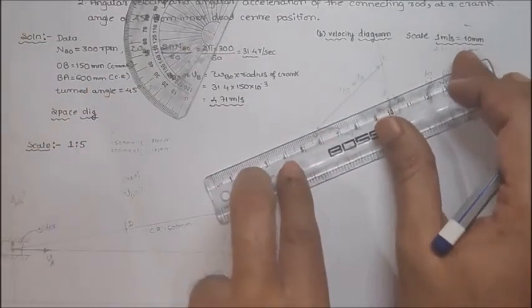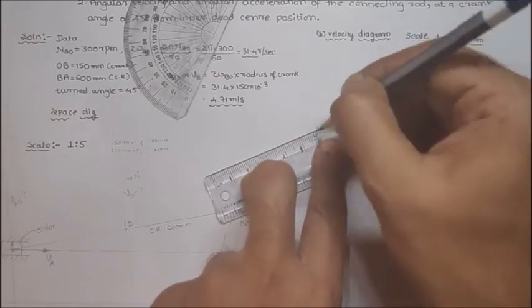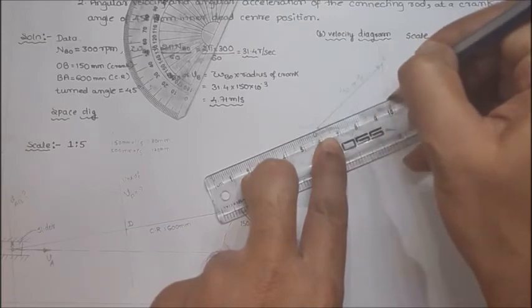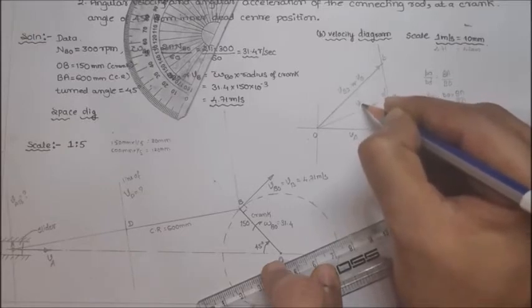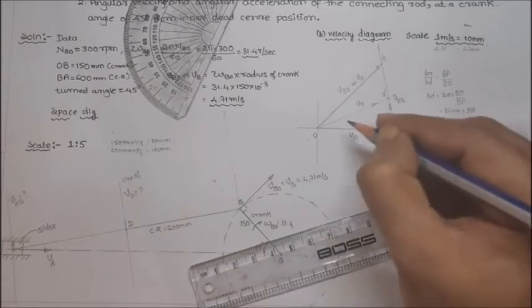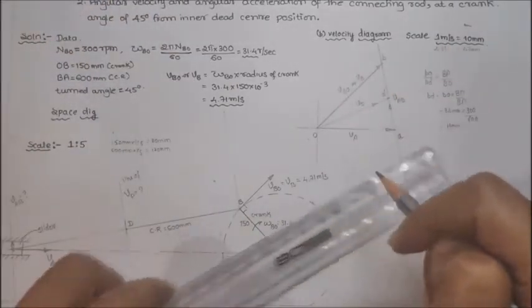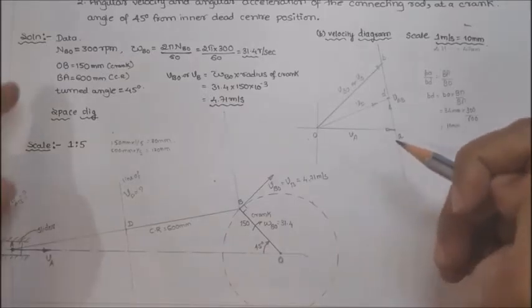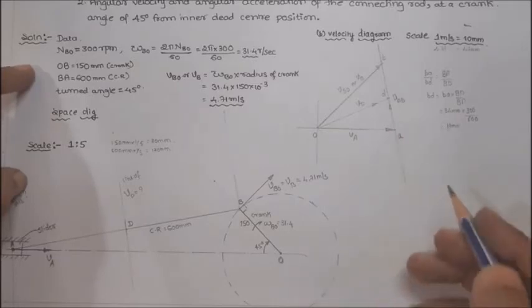Next, join the line from O to D. This is velocity of connecting rod at link D. So to find out linear velocities of all these points, we have to measure the vectors.